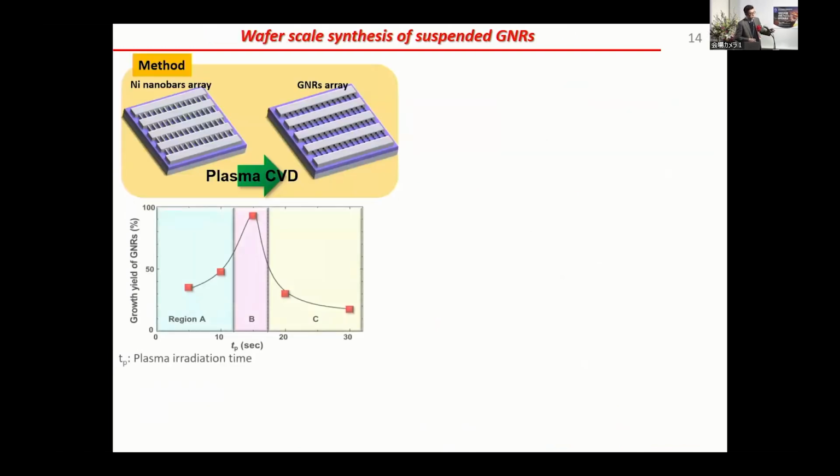So we control the carbon density inside the liquid phase nickel just by controlling the plasma irradiation time within a few seconds: 10 seconds, 15 seconds, 20 seconds, or something like that. And here is the plasma irradiation time versus fabrication yield of graphene nanoribbon. Very surprisingly, at a specific growth time, the growth yield jumps up to more than 90%.